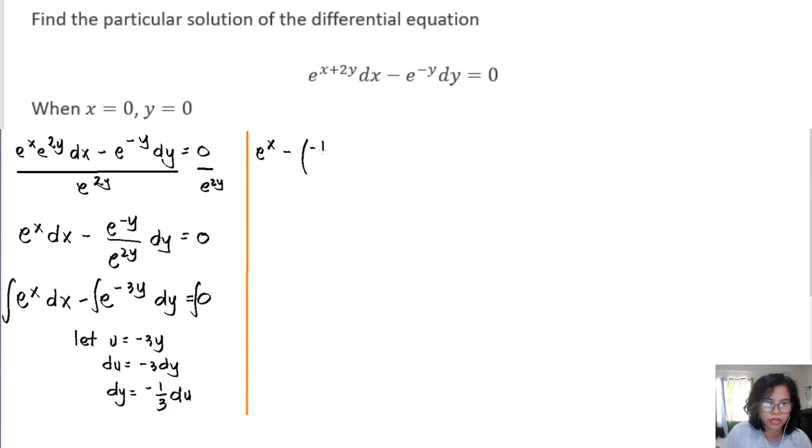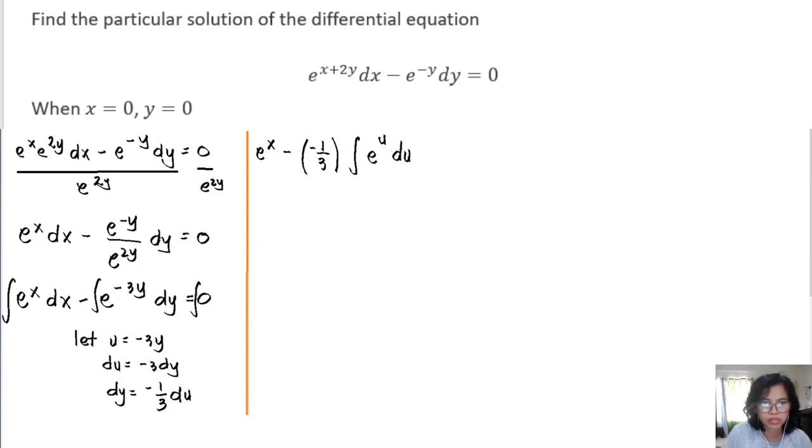So that would be negative 1/3 times the integral of e to the, what is our negative 3y? That is u. So that would become integral of e to the u. And what is our dy? That is negative 1/3 du. So the negative 1/3, I put it here. And that would become du.